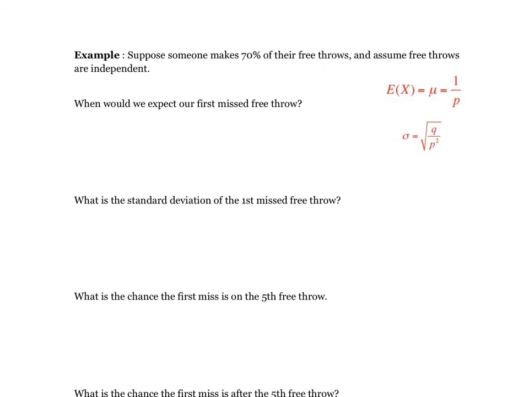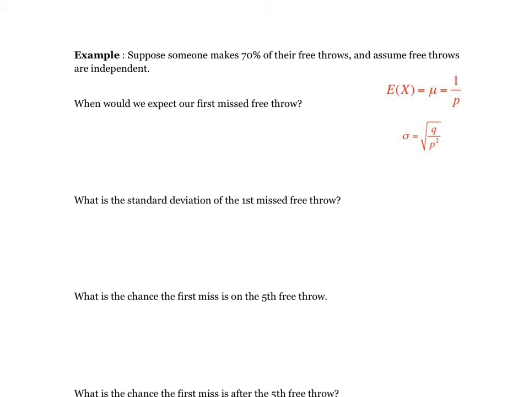Now, here is an example that I'd like to do with you using all of our formulas that we've learned. So the example says, suppose someone makes 70% of their free throws and assume free throws are independent. Okay, so I have to assume that they're independent, even though free throws might not be. Depending on the time of the game you're shooting them, maybe you're more nervous, so they have a less chance of making it.